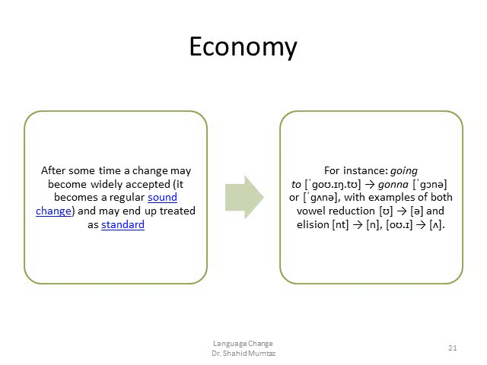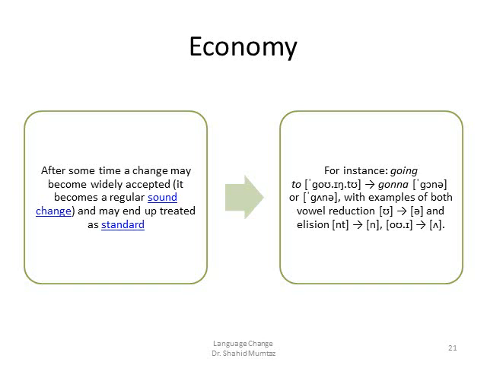For example, going to, you see its pronunciation here, it's going to, and its changed form is gonna. So we have two pronunciations of the reduced form of going to. Here we have examples of both vowel reduction and elision.